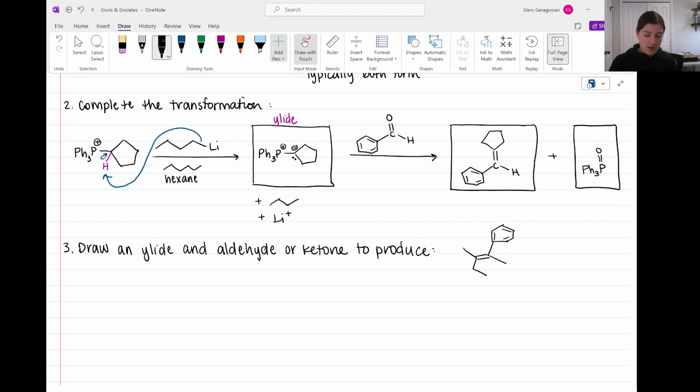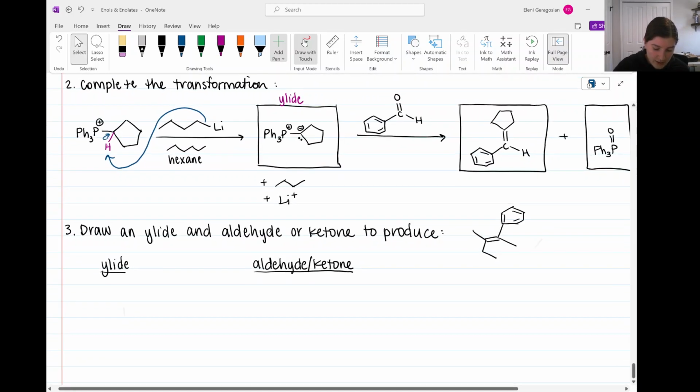Okay, so here's our desired product, and we need to draw an ylide and an aldehyde or a ketone. Let's remember when we are doing a Wittig reaction, the new carbon-to-carbon bond occurs between the carbanion in the ylide and the carbon in the carbonyl group from the aldehyde or ketone.